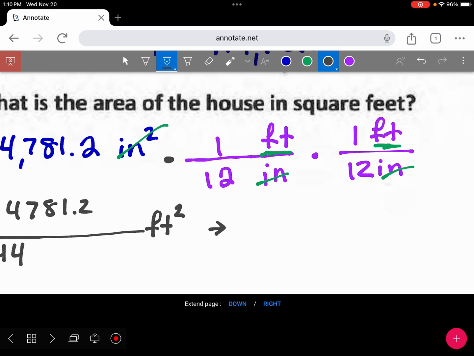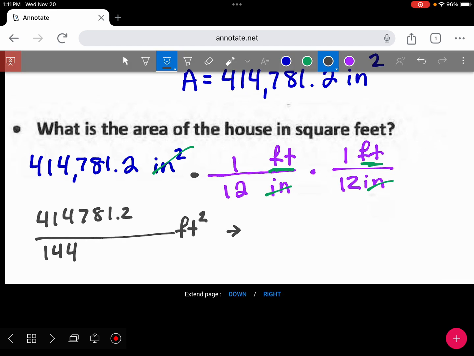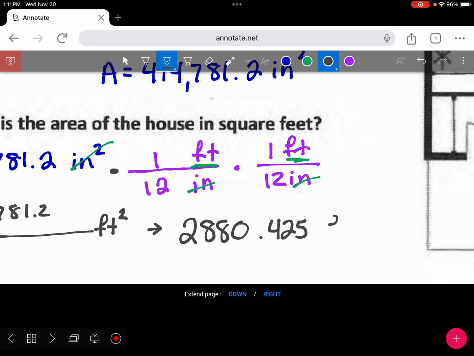What is 414,781.2 divided by 144? 2,880.425 feet squared, which is a really good house.